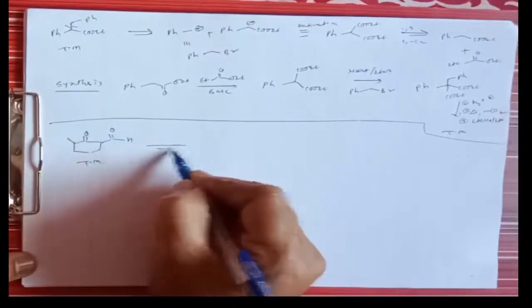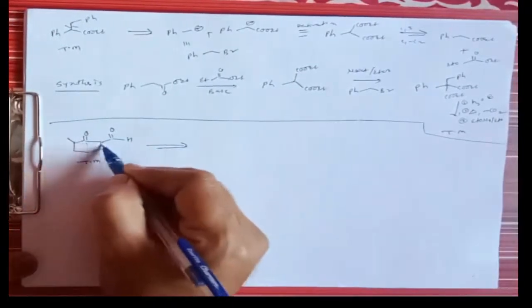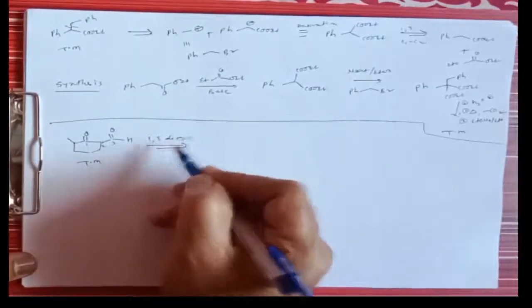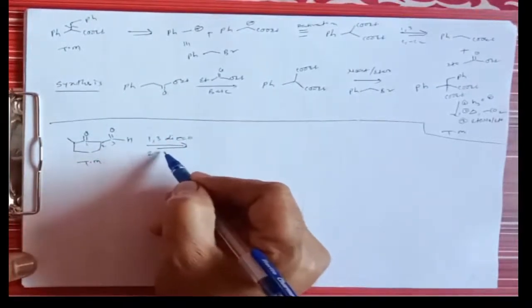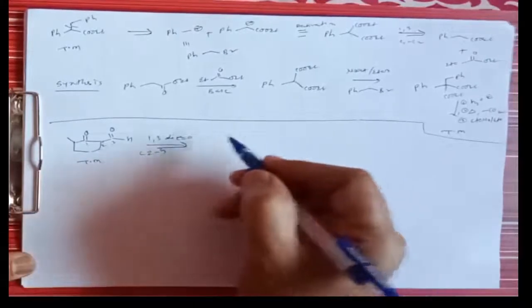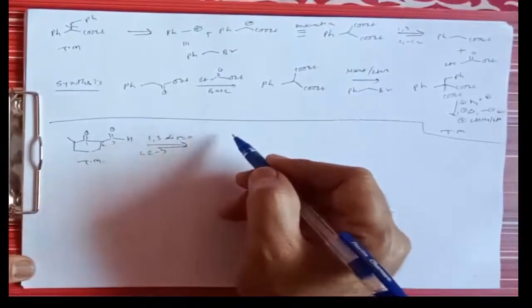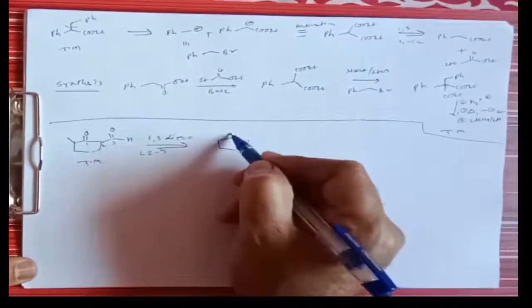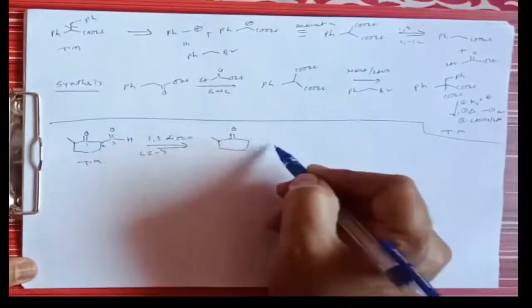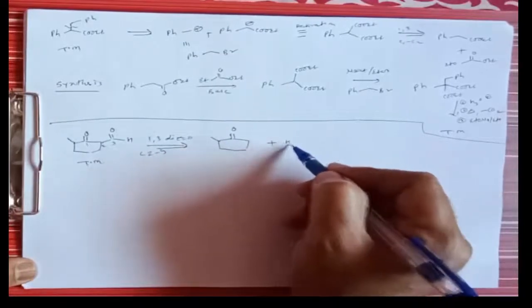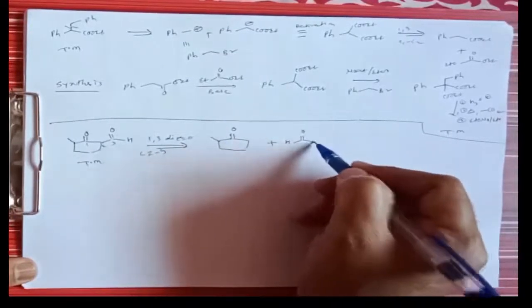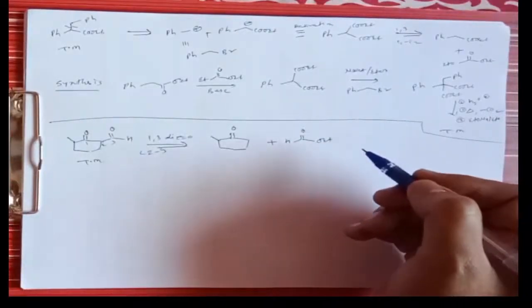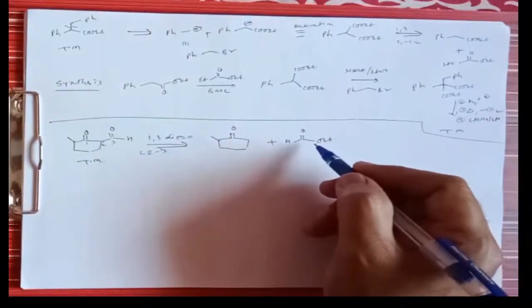If we want to break this molecule, we can go for this 1,3 dicarbonyl pattern, and we can break this C2 C3 bond, because we know that if there is a side branching, we prefer breaking of this side branching, and it gives formation of such a ketone, along with ethyl formate, right? So this is again a good synthetic route for the synthesis.